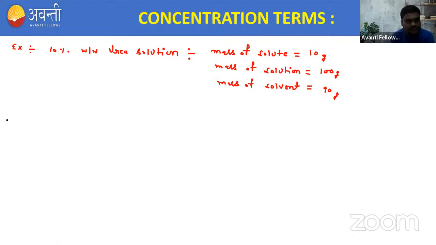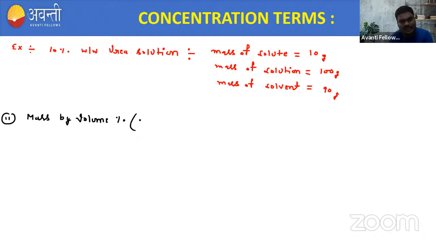The second one is like mass by volume percentage. What do you mean by this? Mass by volume percentage. So what is this mass by volume?